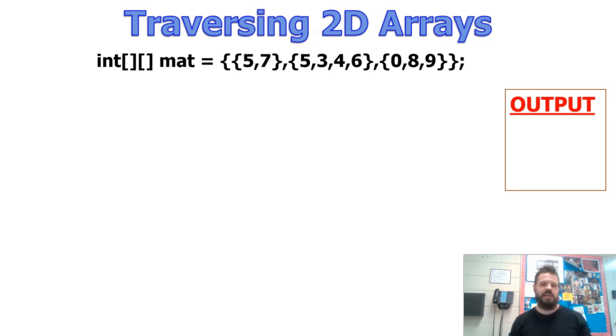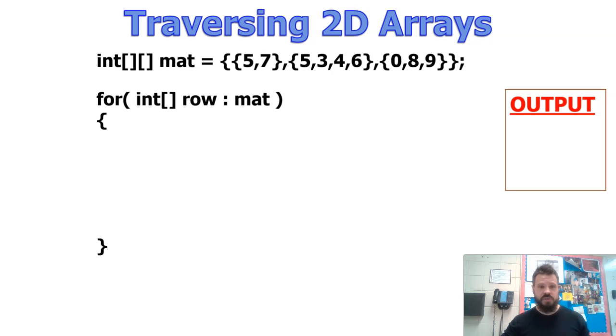I can also traverse a 2D array using a for each loop or an enhanced for loop. Now for that, it really requires an understanding of what type of data structures we're dealing with here. So I want to begin by going through each row of my 2D array, or in other words, each 1D array.